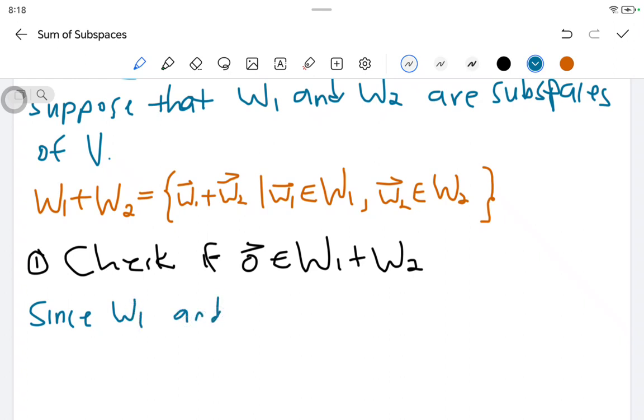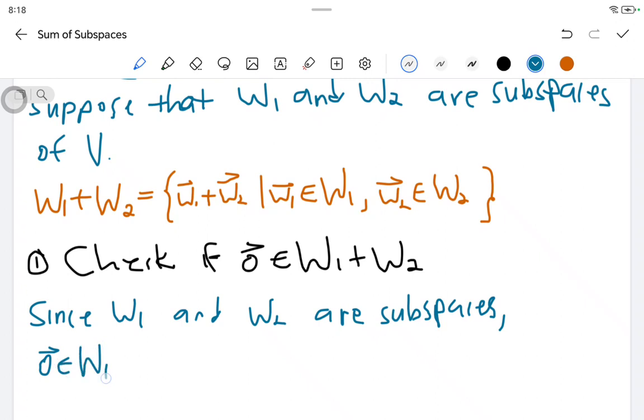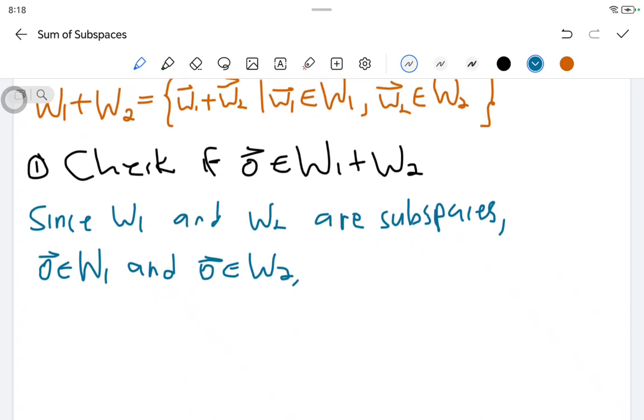What we mean is that the zero vector is already found in W1 and the zero vector is found in W2.